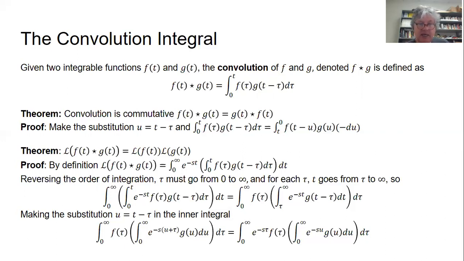So now e to the minus s tau is a constant, so you can pull that out. And you see that in the inside integral you've got the Laplace transform of g, and outside it, you've got the Laplace transform of f. Okay, and everything's good. So that's quite straightforward to prove.